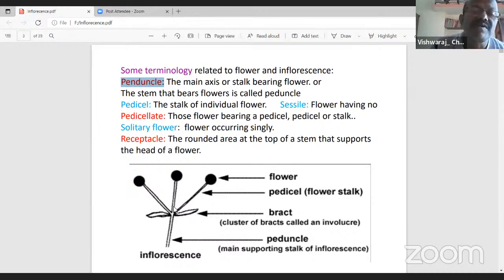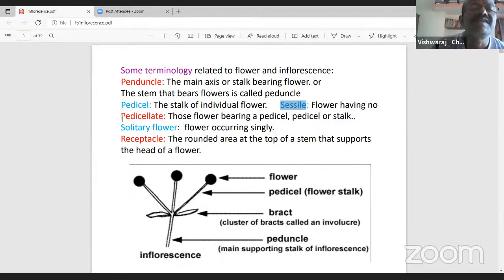Suppose this flower develops here directly on the peduncle. That is called sessile. A flower having no pedicel, directly attached on the stem, is a sessile flower.